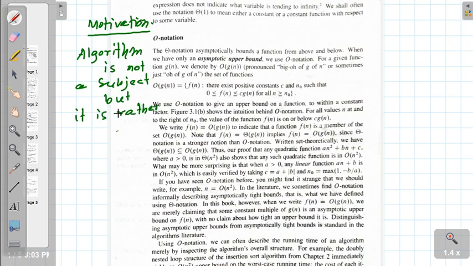It has a broader perspective, so you have to always remember that. That's why you need to study algorithms and its complexity analysis. Okay.